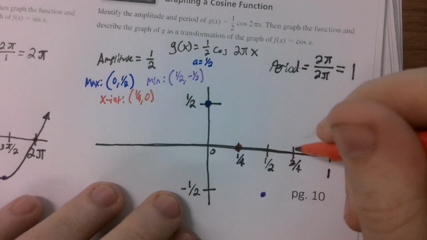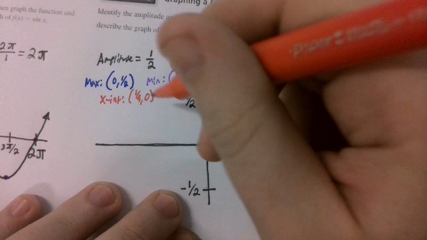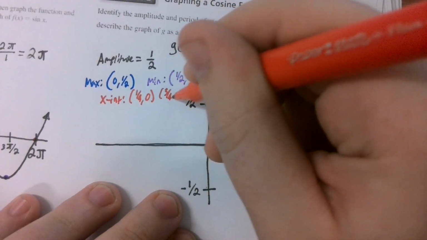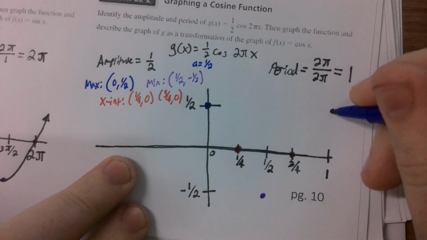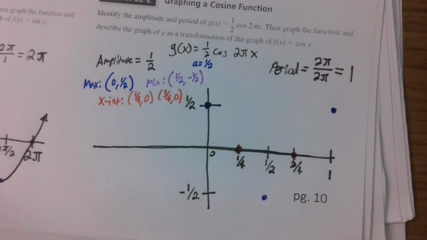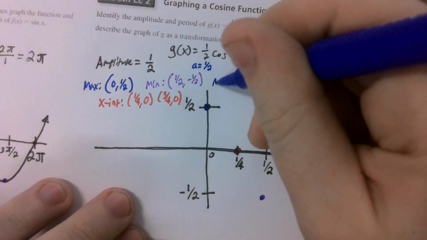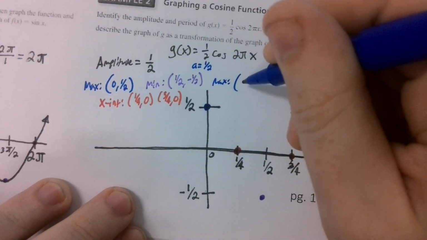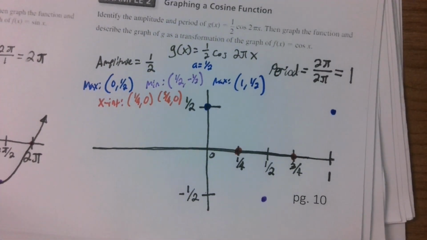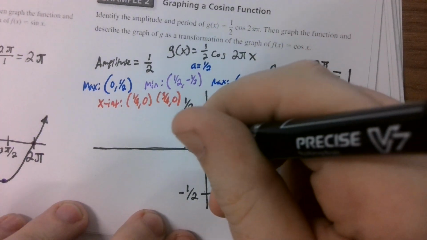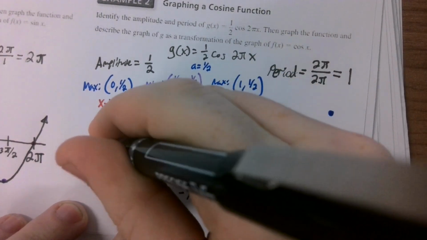We go back up to 3/4, 0. That's our second x-intercept. And then at the very end of the period, where we get to 1, that's going to be another maximum. So we reach another maximum of 1, 1/2. All we need to do now is graph it and repeat it on the other side for all of our negative values.